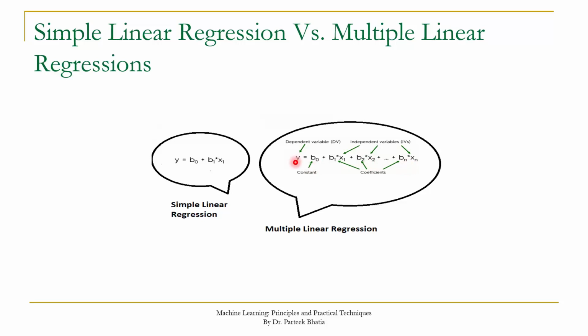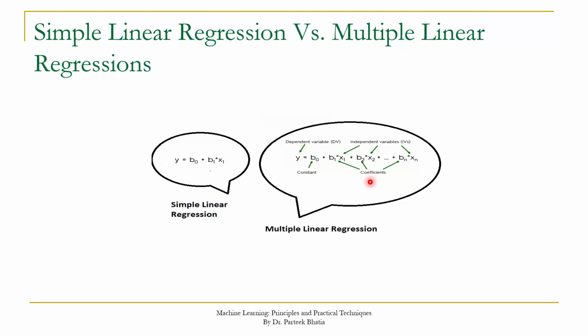Here y is the dependent attribute, b0 is the constant, x1, x2 and xn are all n independent attributes. b1 is the coefficient for the first input attribute, similarly b2 is the coefficient for x2 and bn is the coefficient of xn. This is the equation of multiple linear regression. The multiple linear regression model is built on this equation.